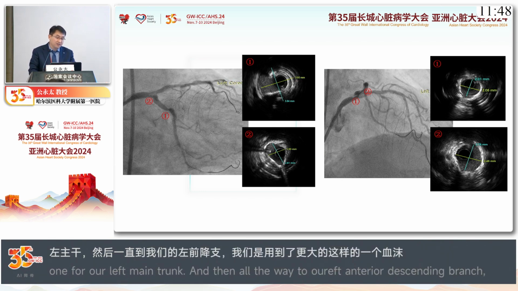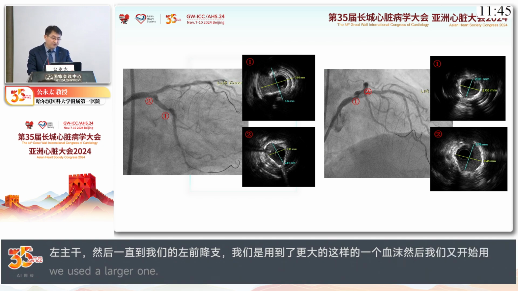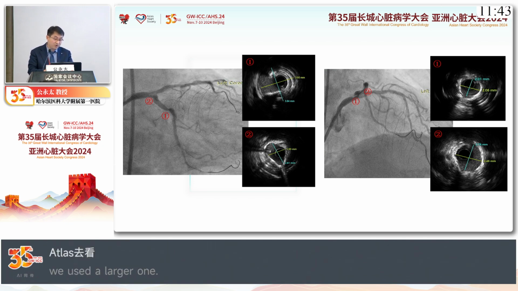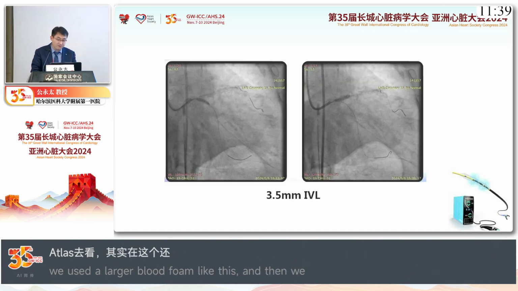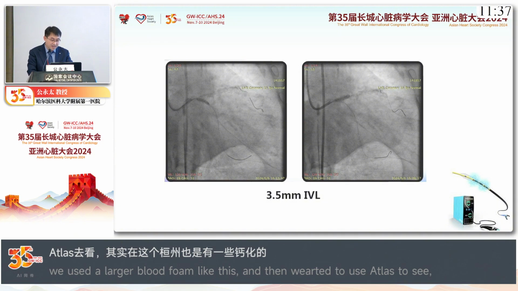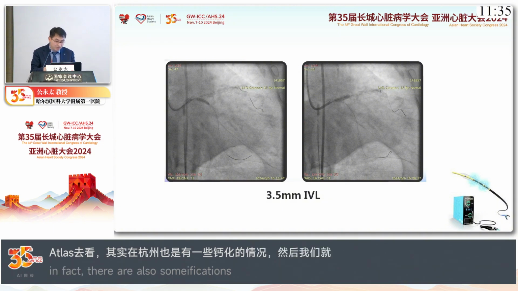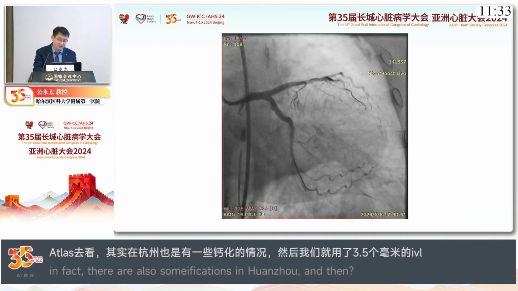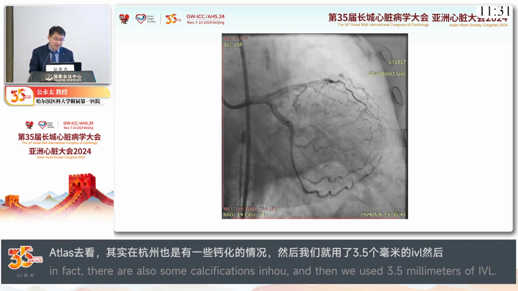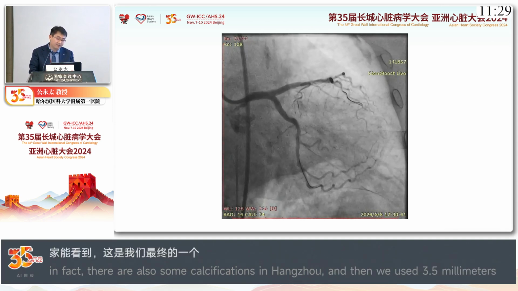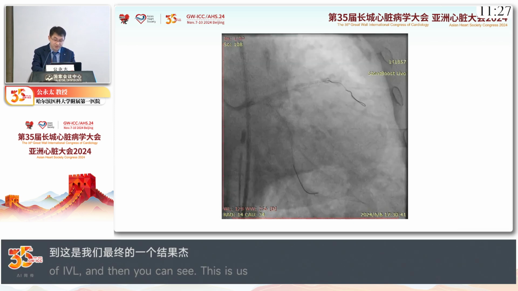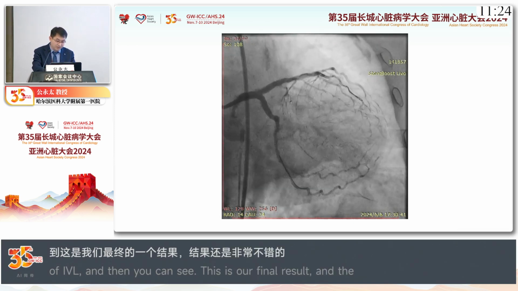We found there was still circumferential calcification. Next, we performed IVL with a 3.5 millimeter balloon. This is the final result, which is excellent after 2 stent implantation.